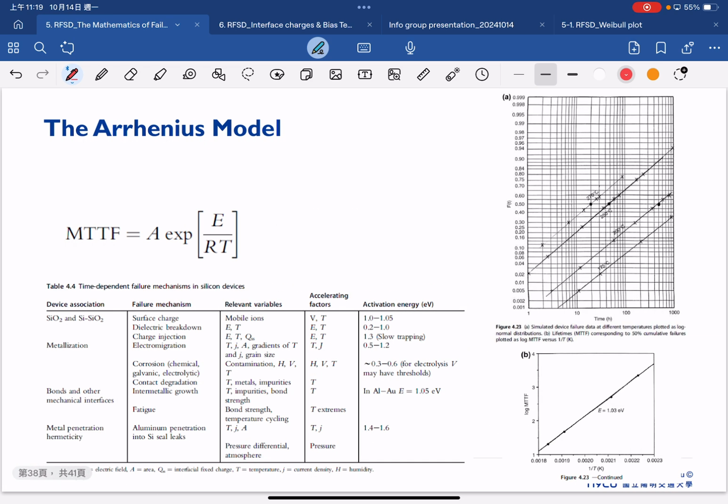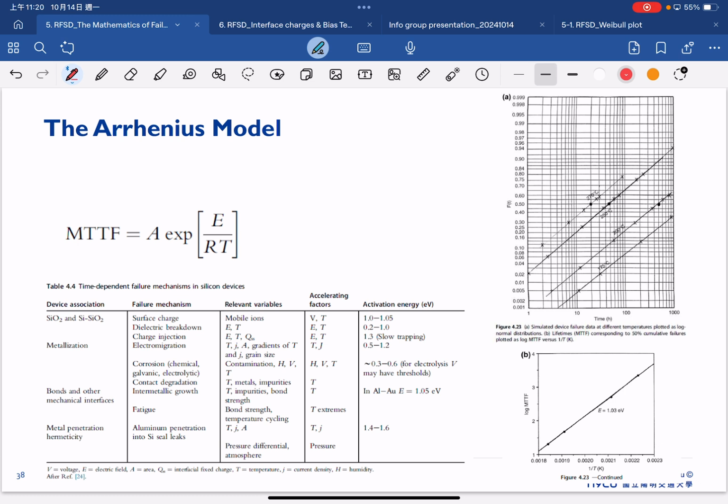The next one is the Arrhenius model. We have been talking about the Arrhenius equation before, but now we will really start to use it to understand our degradation. This Arrhenius equation is not only a mathematical equation, but can also give us some physical understanding.